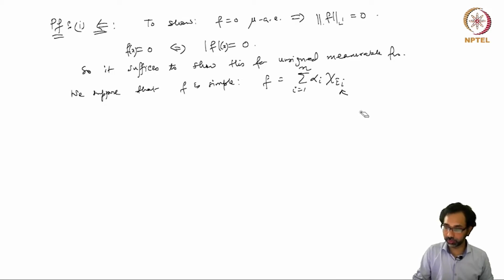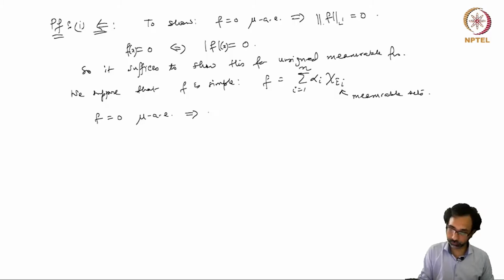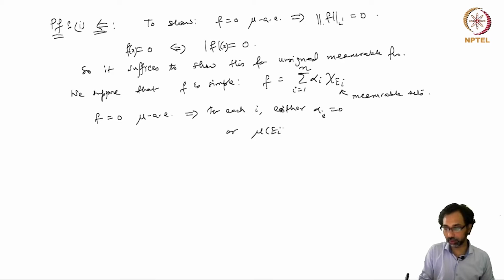So these are measurable sets. Then f equal to 0 mu almost everywhere implies that for each i, either alpha i, the value of f, is equal to 0, or the measure of Ei is equal to 0.